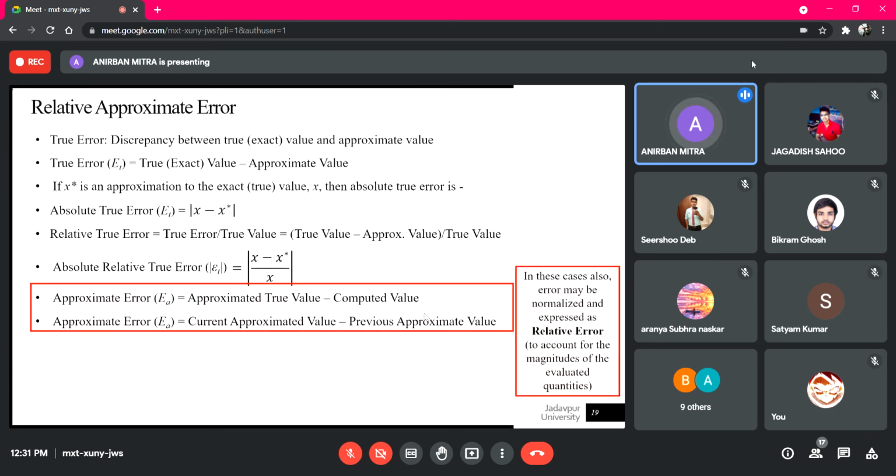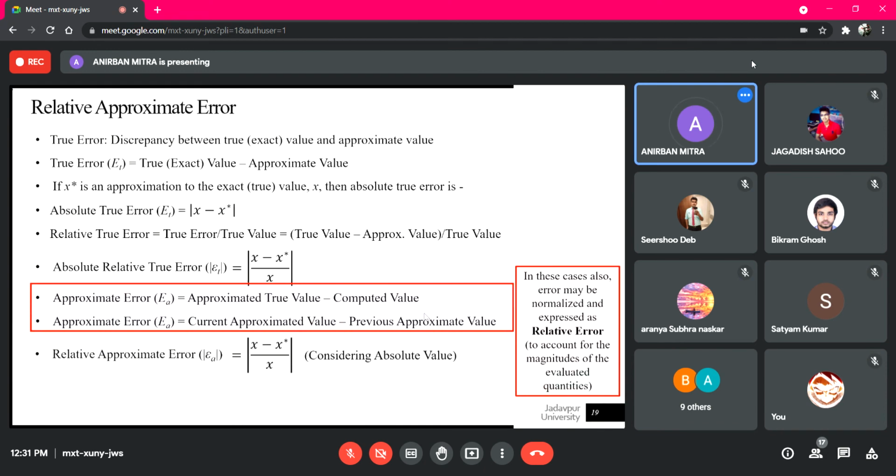And in case of approximate errors also, it can be normalized and expressed as relative error, obviously to account for the magnitude of the evaluated quantities. How would you write that relative approximate error? That is the expression: x minus x star divided by x. And here we have considered absolute values as well.